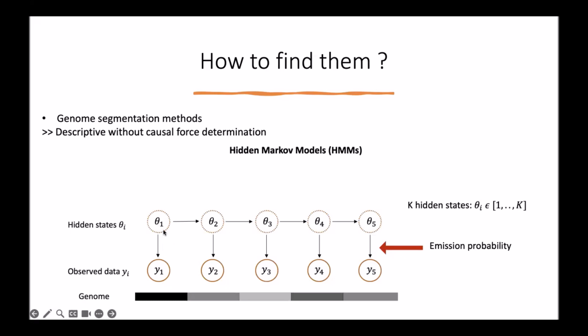Then these hidden states can either stay the same or change to another state according to their transition probabilities. The algorithm, conditional on the transition and emission probabilities, infers the likelihood of your observed data together with which of the K hidden states the genomic window or segment of DNA belongs to.